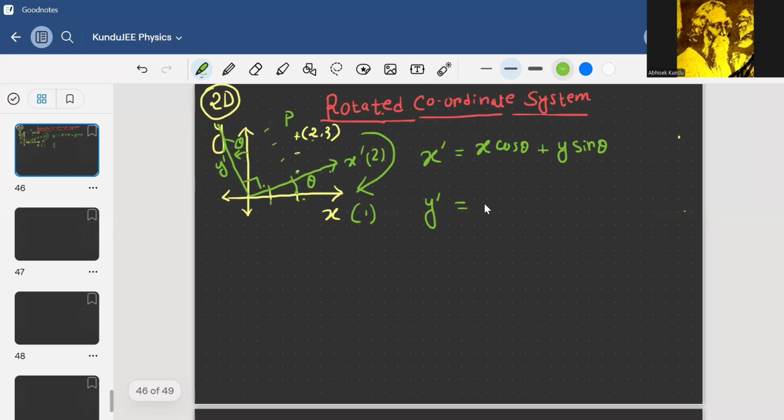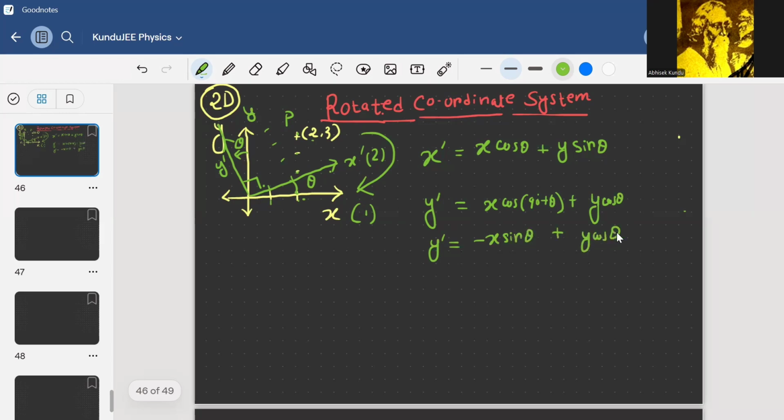So I can write that the projection of x axis on y dash axis is going to be x cos of 90 degree plus theta, plus it is also going to have one projection of our old y-axis. It is y cos theta, because the angle between y dash and y is theta. So I can rewrite this y dash as minus x sin theta plus y cos theta.